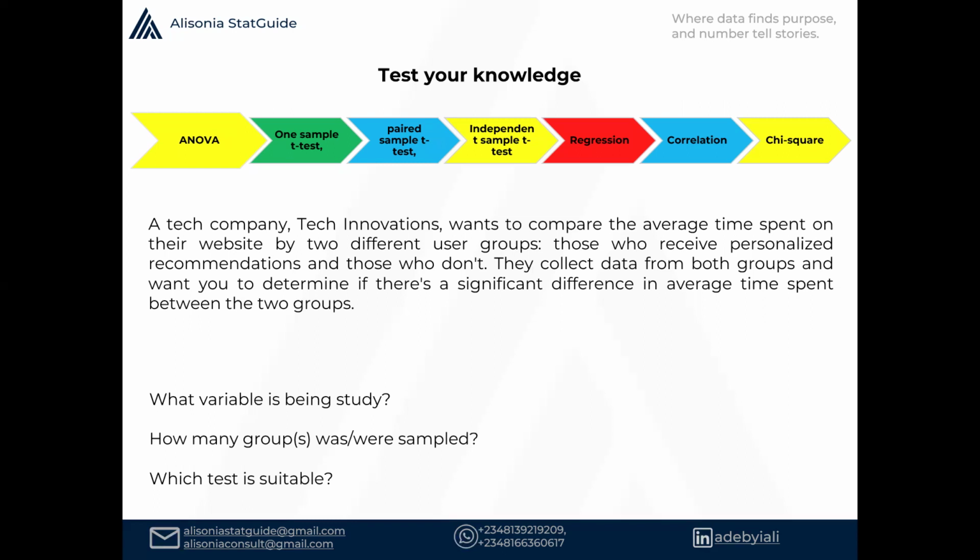What variable is being studied? How many groups were sampled and which test is suitable? Look at that and answer the question. We don't have much time, so we have to be fast about it. We have 2 minutes. If I don't see any response, I'll move on.